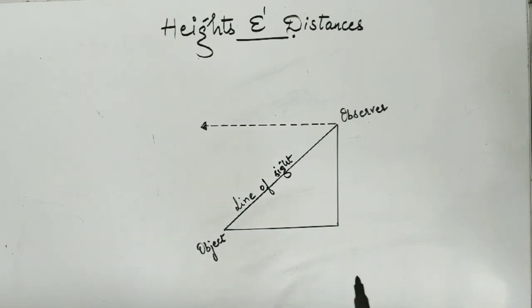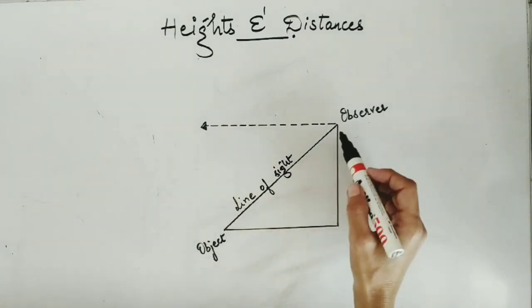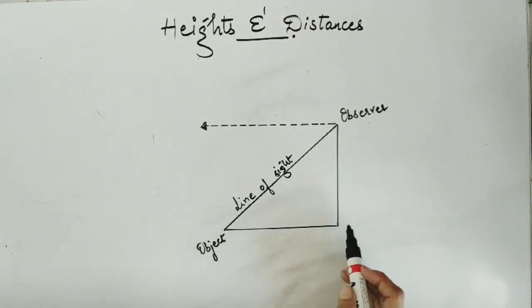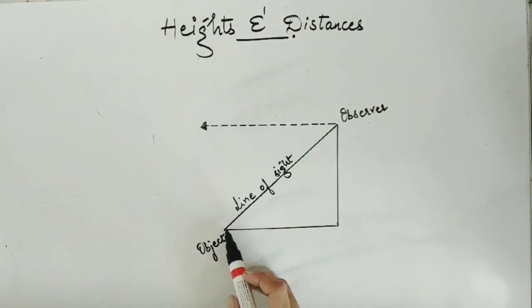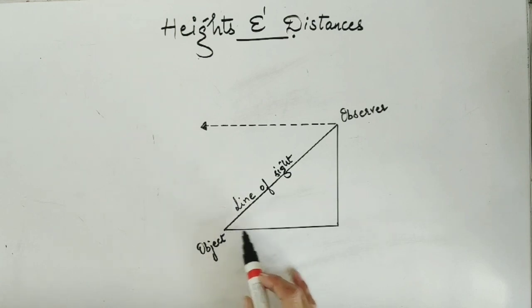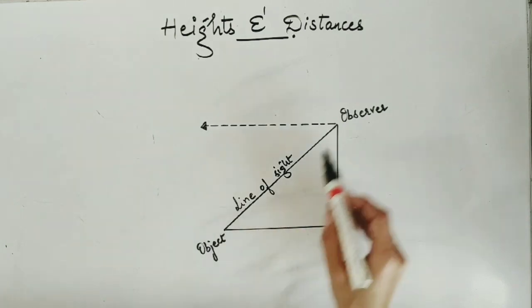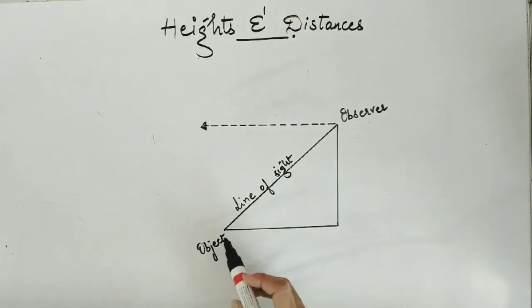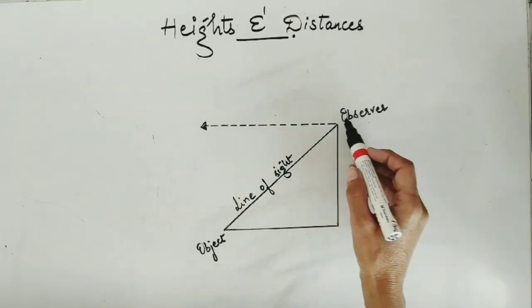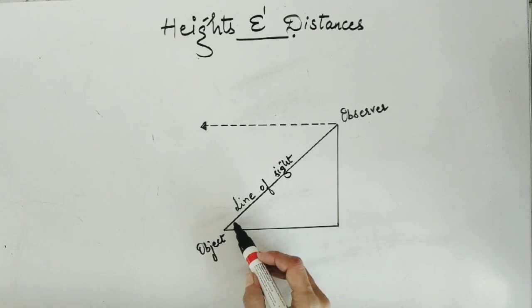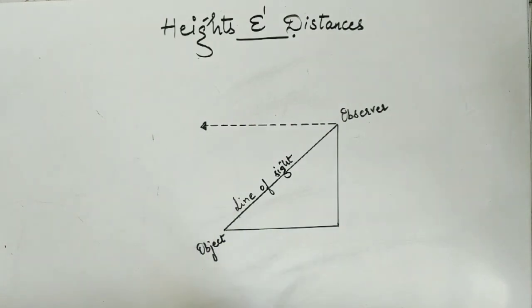Now the angle is formed with the line of sight and the horizontal. Do you think the line of sight and this horizontal can form any sort of angle? Definitely, if there are two persons watching each other, then one person looking at the other, the angle of elevation can be taken.